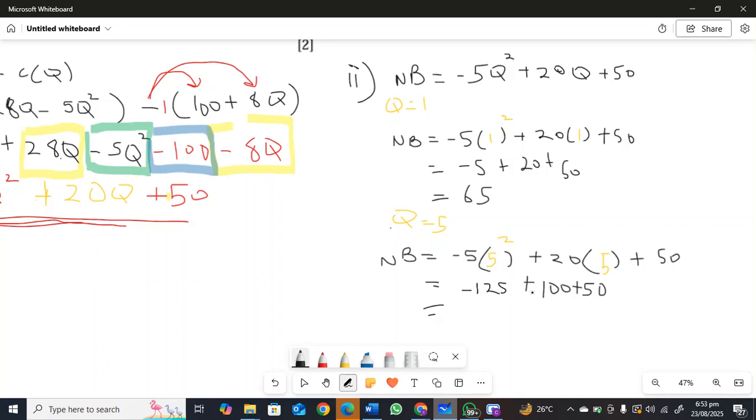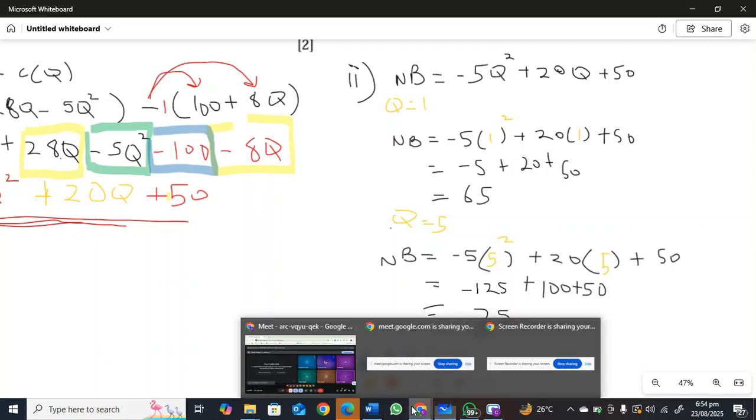So negative 125 plus 100, that is negative 25. Negative 25 plus 50, that is 25. So colleagues, what are we noticing here when we increase production? What's happening to our net benefits? When we increase production, what is happening to the net benefits?